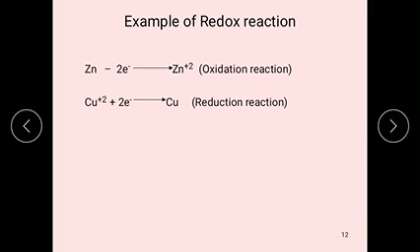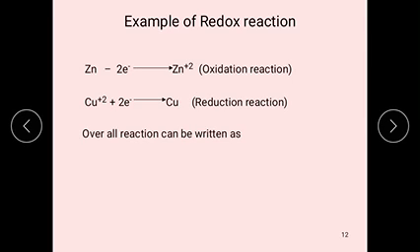When we take copper plus 2, when it gains 2 electrons, it converts into copper, then it is a reduction reaction. The process of gaining an electron by an ion or molecule. Here the copper plus 2 gains the 2 electrons, then it converts into copper. Then it is a reduction reaction.